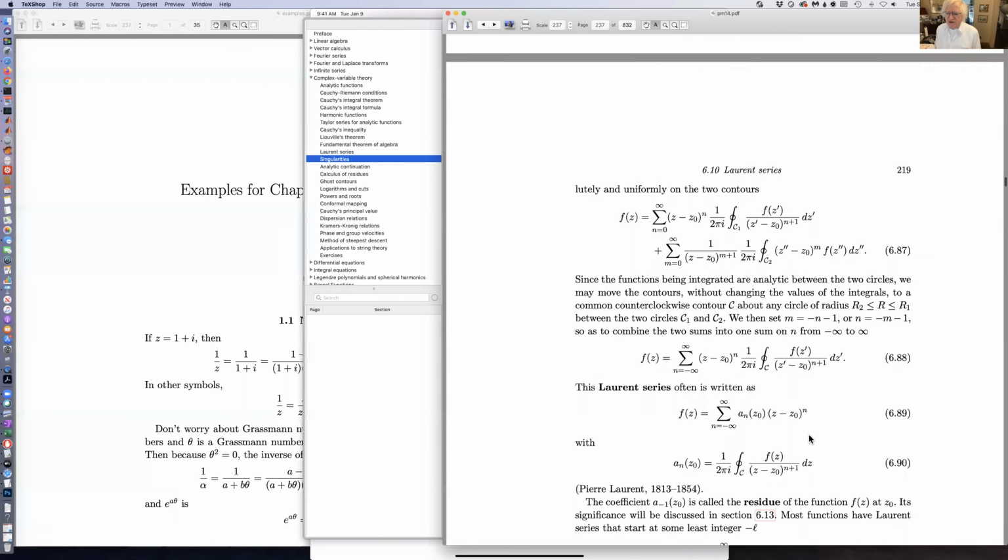We know that the gamma function has this important relation, namely that z gamma of z is gamma of z plus 1. And so that means we can write gamma of z as 1 over z gamma of z plus 1.